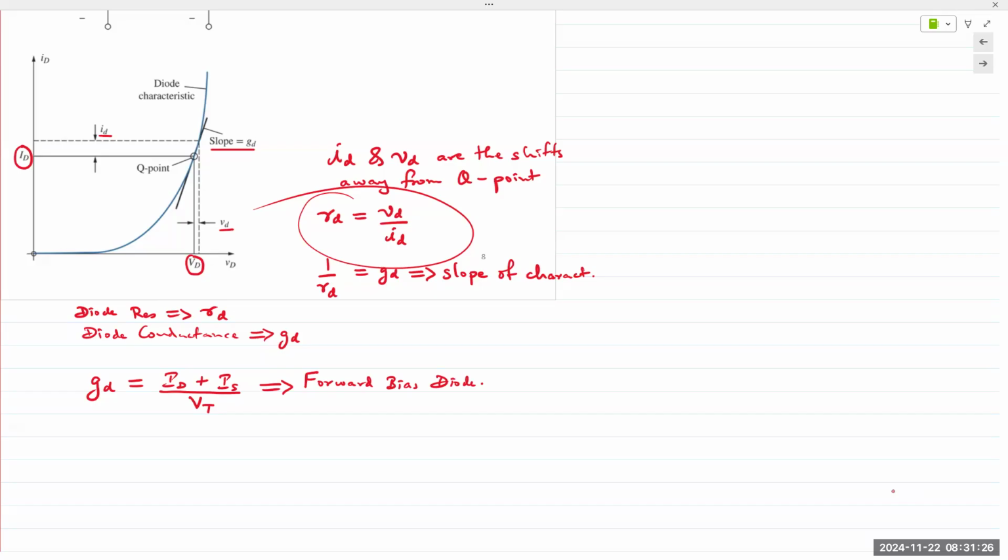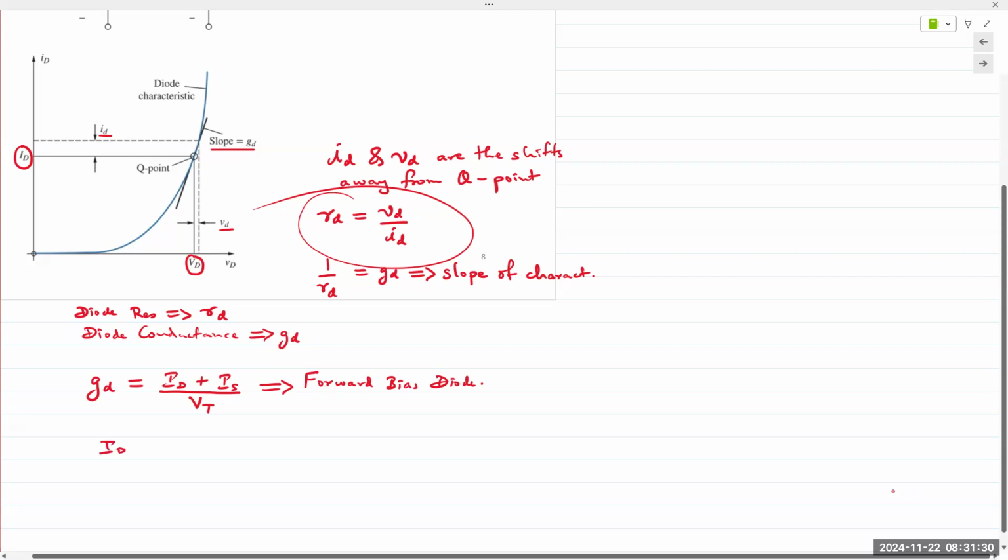Now, in a forward bias diode, ID is going to be typically much, much larger than the saturation current IS. And so we can approximately write diode conductance GD is equal to ID over VT.